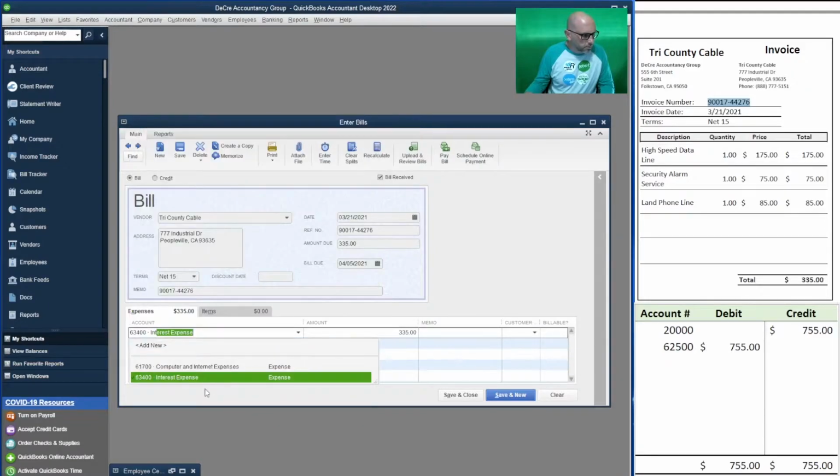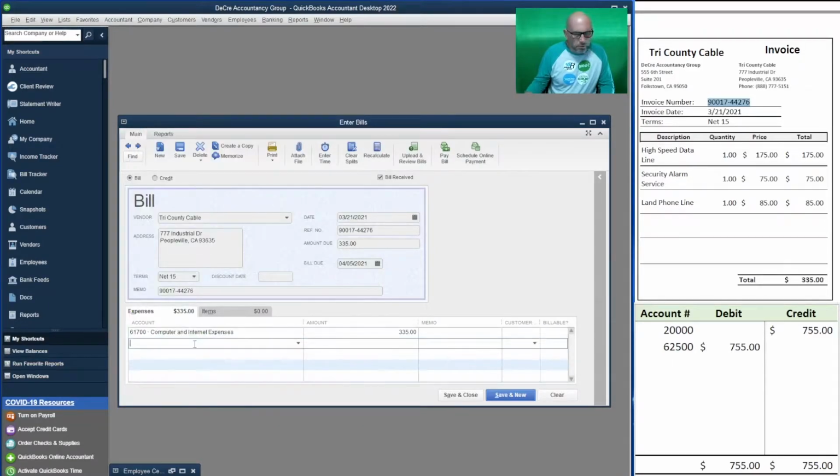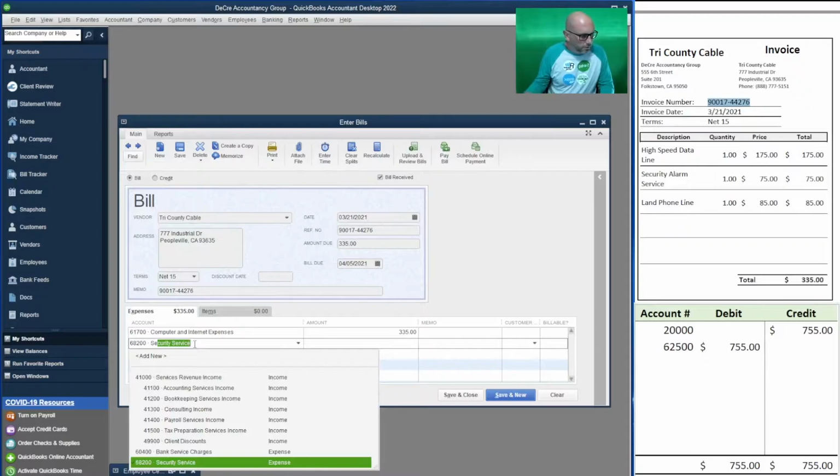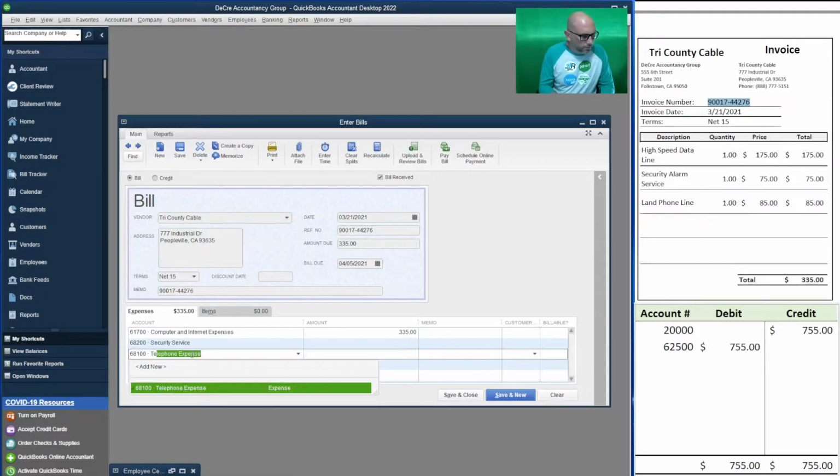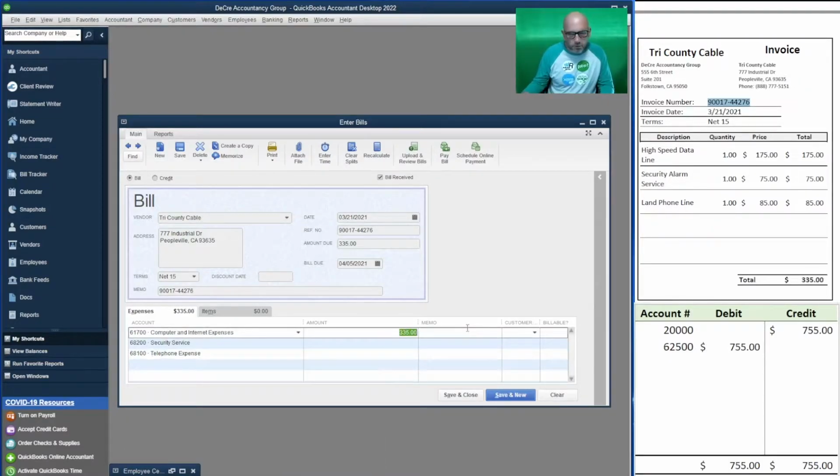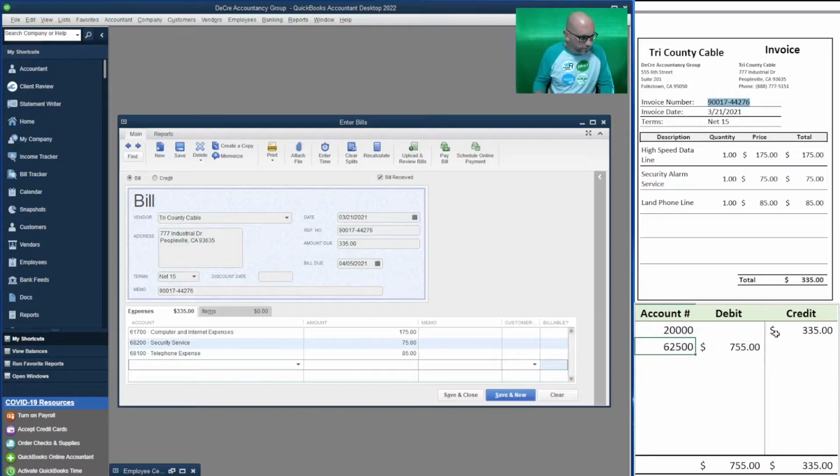Internet, and we have security, telephone. So let's just punch them in here and show. There it is. Accounts payable goes up by 335. And then we have this bunch of different expenses.